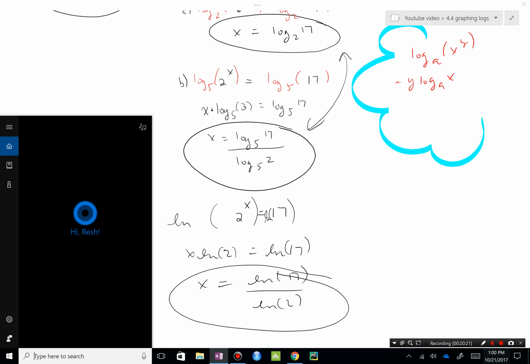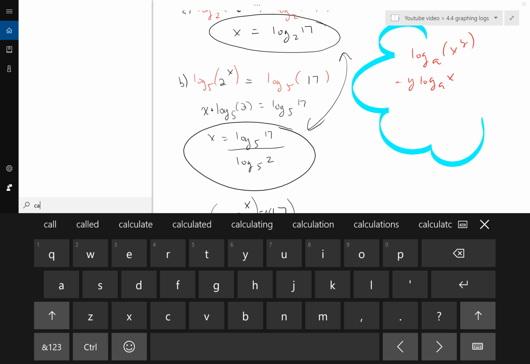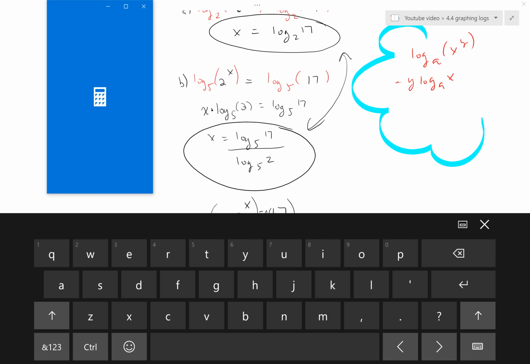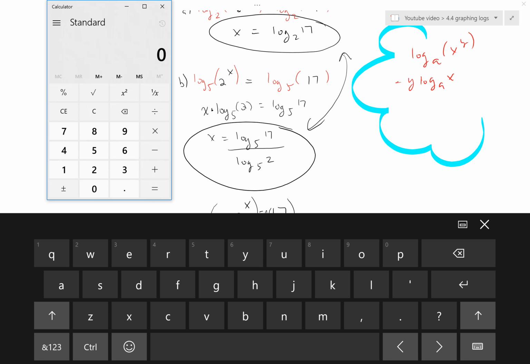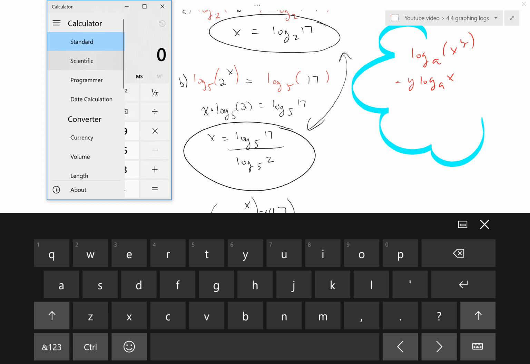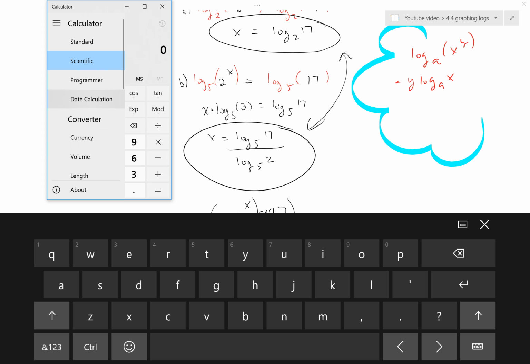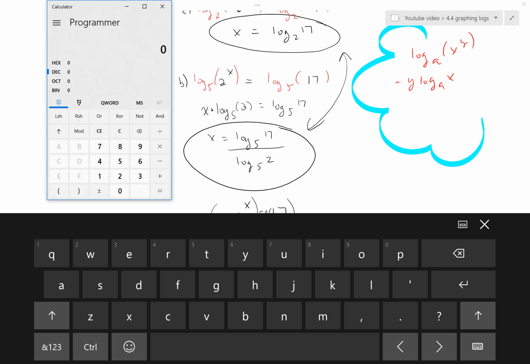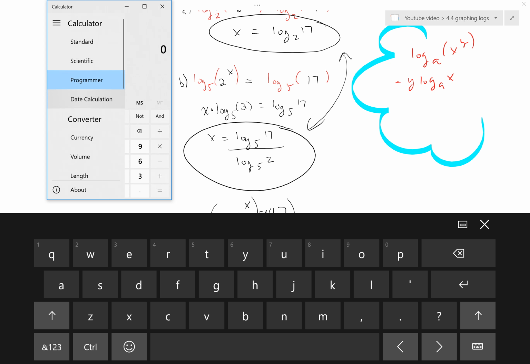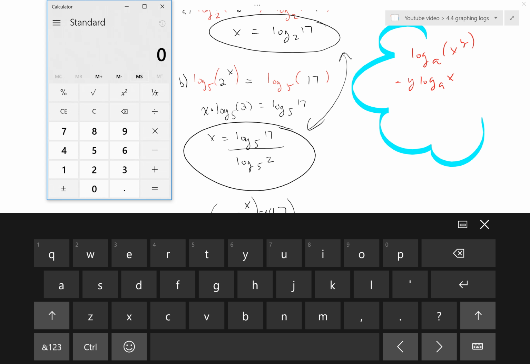I hope my computer has a calculator on it. It should. Calculator. All right. How do we get, is there a graphing calculator on here? Scientific is what I want, right? I think that's what I want. Programmer. Nope, that's not it. Date? No. Oh boy. Standard. That's what I had before.